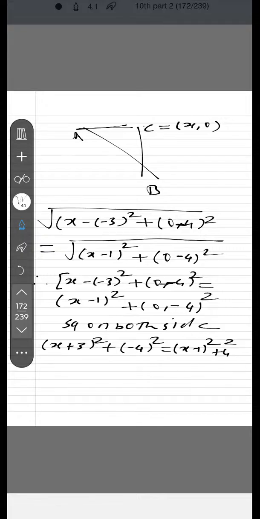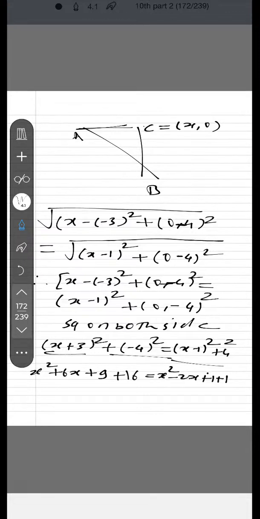Okay, we all know the formula, correct? x square plus 6x plus 9 plus 16 is equal to x square minus 2x plus 1 plus 16.